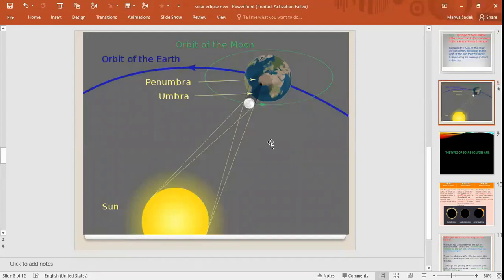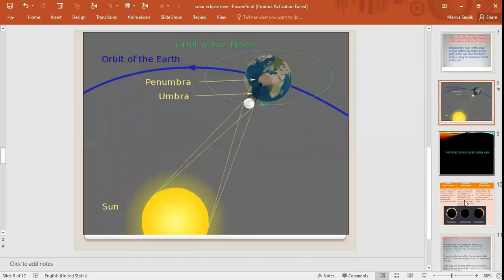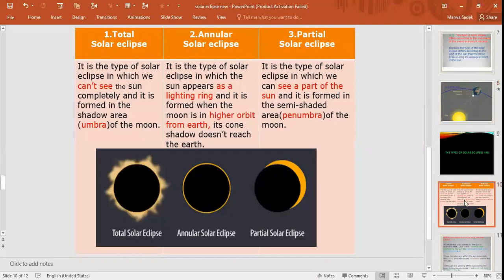So again, guys, we have three types of solar eclipse: total solar eclipse, partial solar eclipse, and annular solar eclipse. Total solar eclipse takes place in the shadow area, umbra, of the moon, and we can't see the sun completely, like this picture.